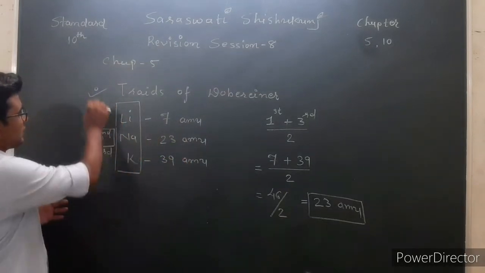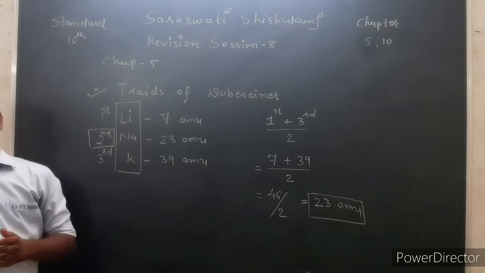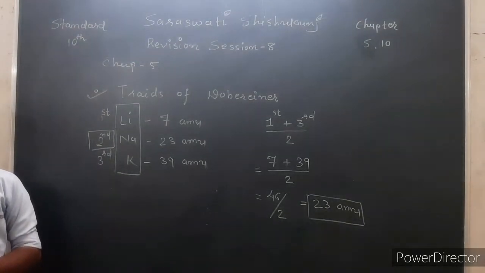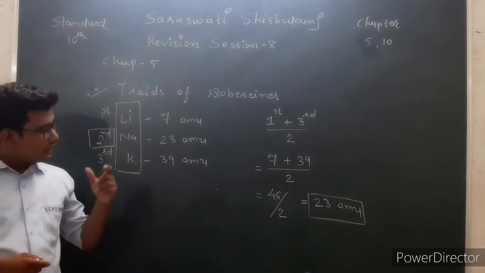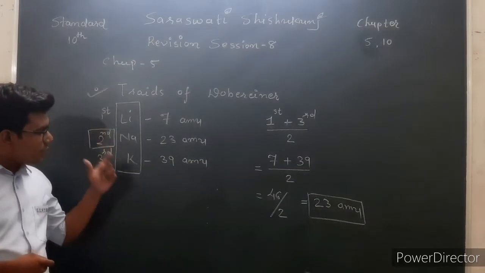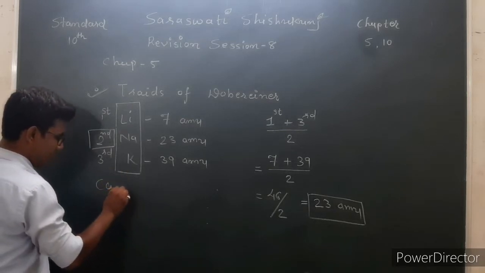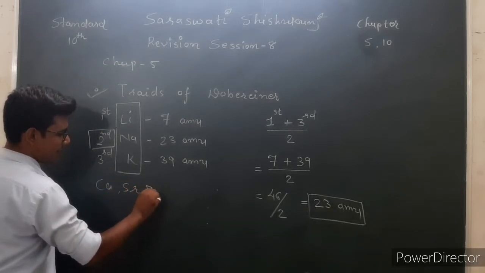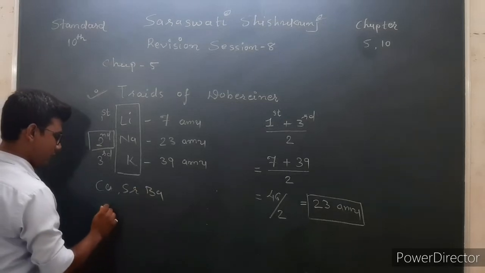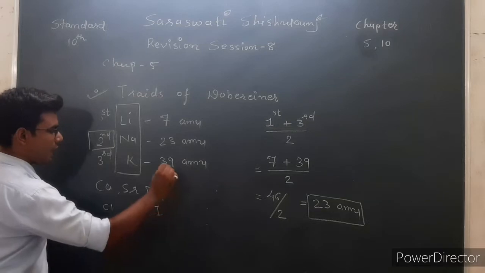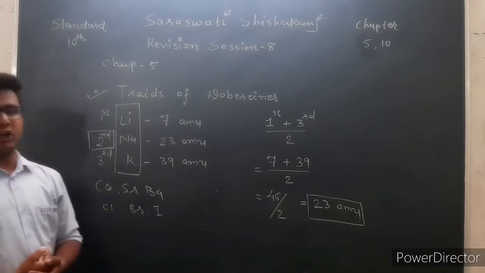So triads of Dobereiner is our topic which can be asked in the exam. Besides lithium, sodium and potassium, we can also have calcium, strontium and barium, and chlorine, bromine and iodine as triads of Dobereiner.